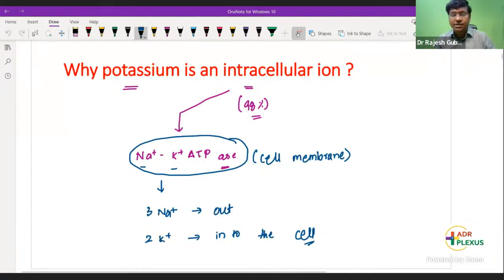What this channel present in the cell membrane will do is send 3 sodiums out, and that is the reason why sodium is an extracellular ion. And it will send 2 potassiums in. That is the reason why potassium is an intracellular ion.